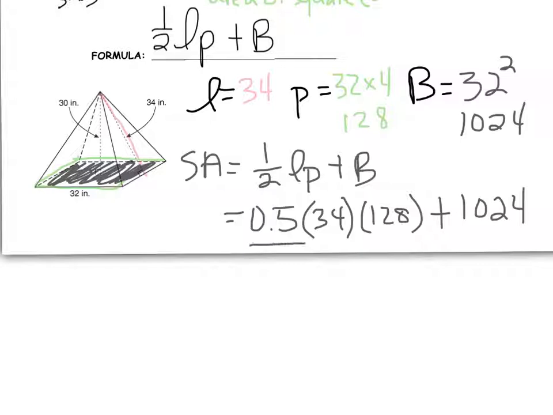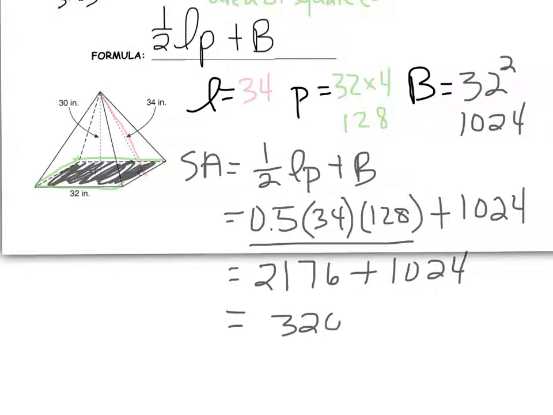We will multiply, and when we do, we get 2,176. And the last step is to add our product to the area of the base. So we should get a total of 3,200 inches squared for our surface area.